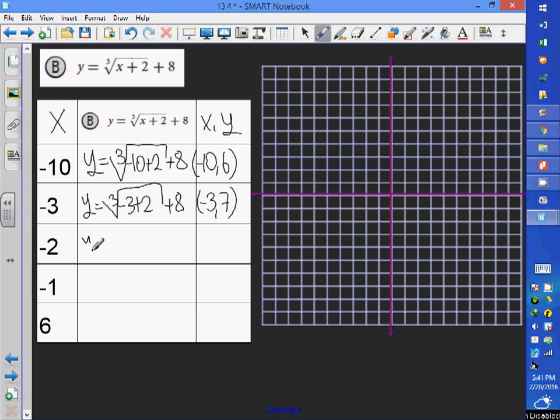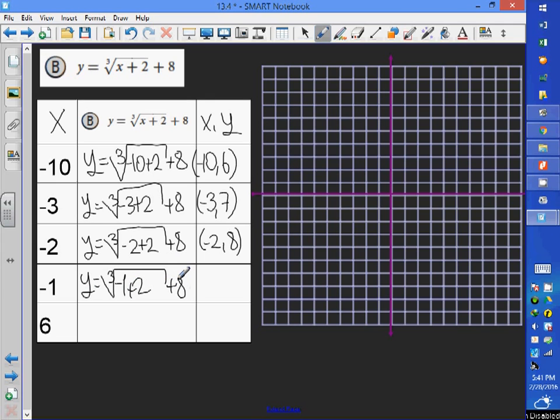Next one is y equals cube root of negative 2 plus 2, which is 0, plus 8. Cube root of 0 is 0, plus 8 is 8. Negative 2 goes to 8. And negative 1: cube root of negative 1 plus 2 plus 8.